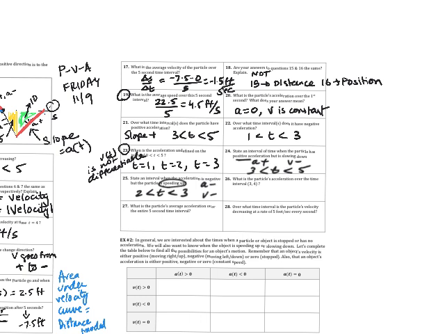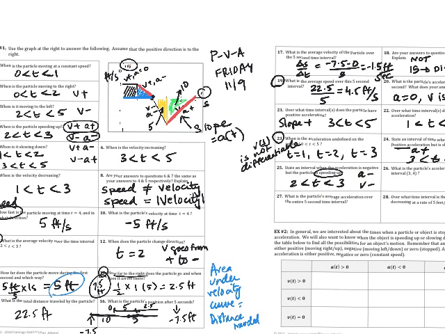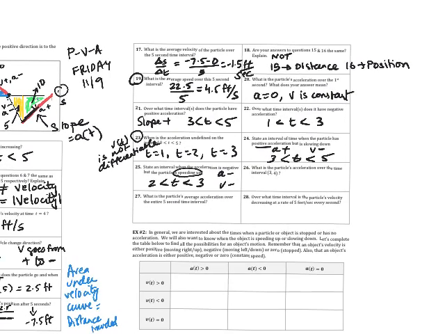Next is, what is the acceleration over the time t 3 to 4 seconds. So we are looking at the graph and just looking at the slope in that time between 3 and 4 seconds, which is right here. And the slope is just 5 feet per second squared.